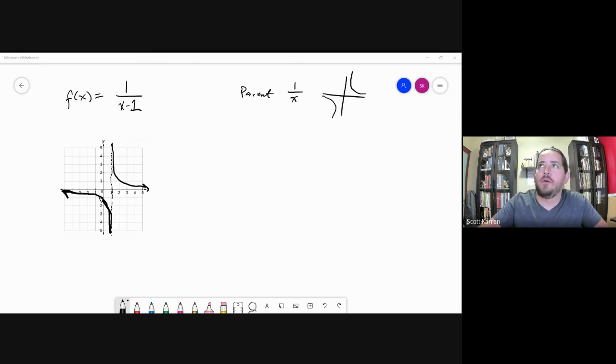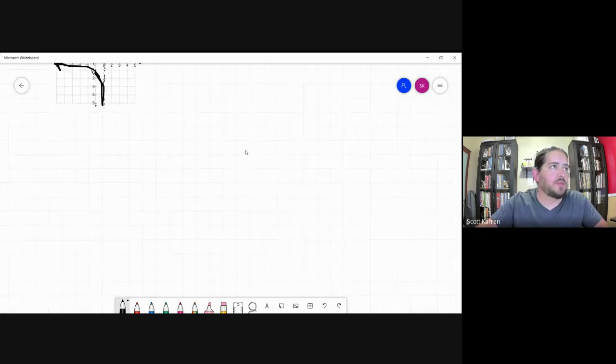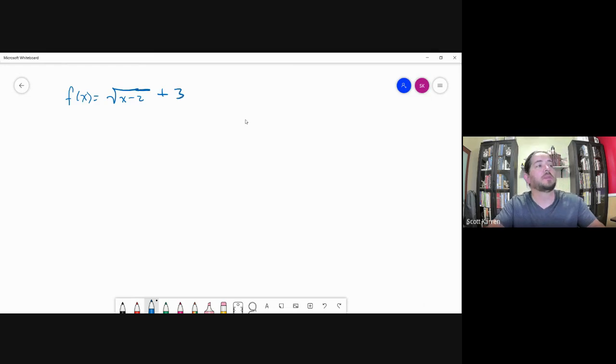All right. Now, we can have both transformations happening at the same time. So for example, let's look at the square root of x minus 2 plus 3. Right?